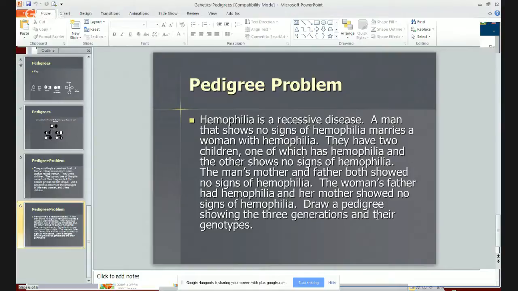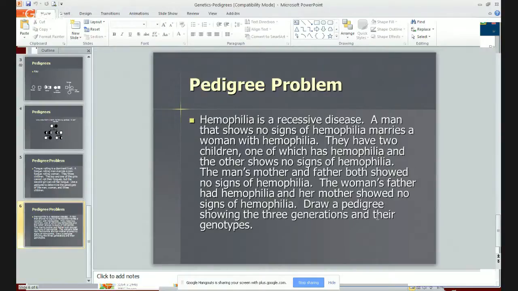Otherwise, she would have passed on just her dominant allele. But because mom ended up with hemophilia, we know grandma had to have given mother a lowercase h. So the grandma of our mother has to be a carrier.